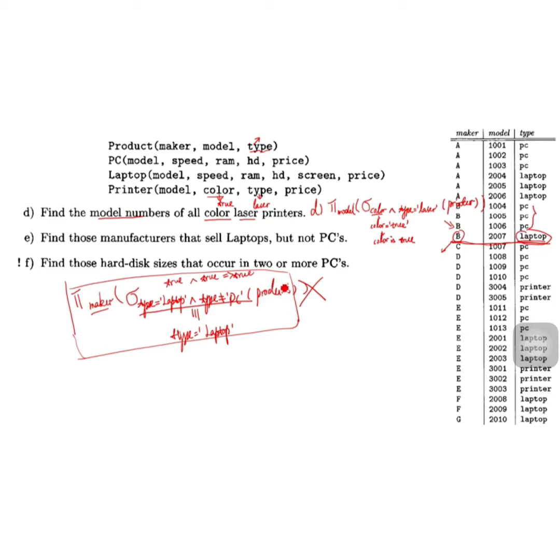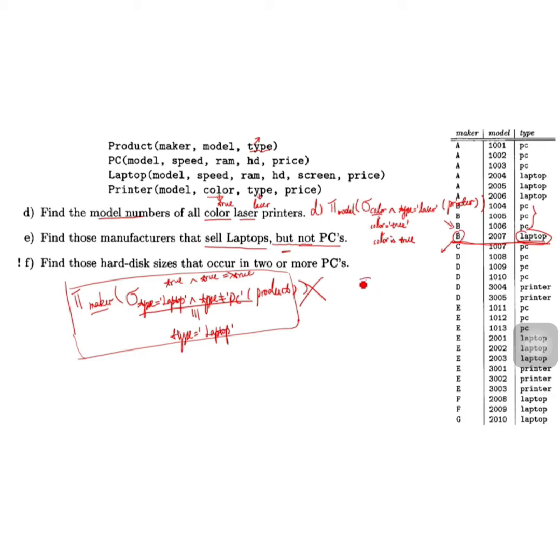Now, how can I get the right answer? Okay, sell laptops but not PCs. For this but not, we use set operation. Difference.